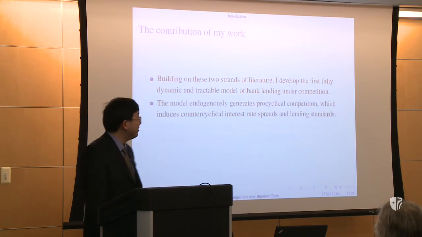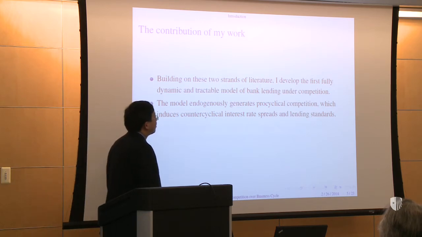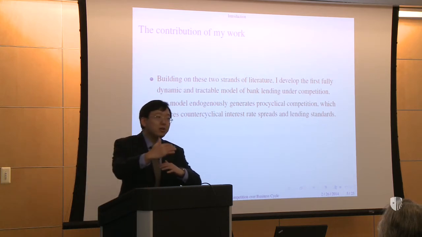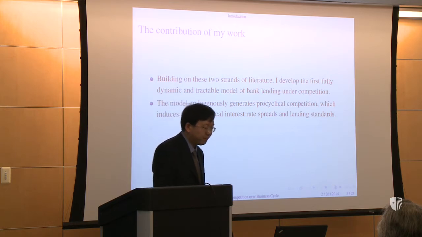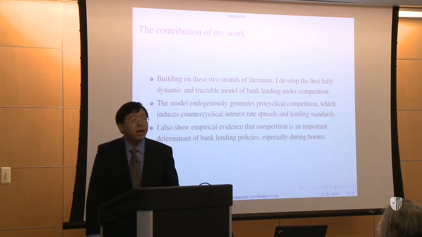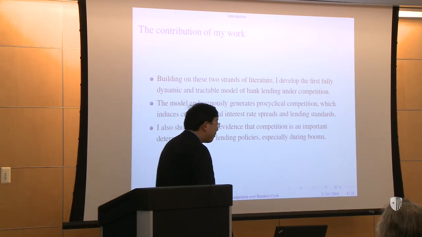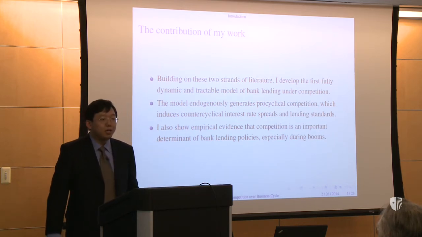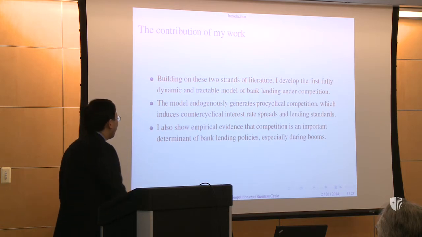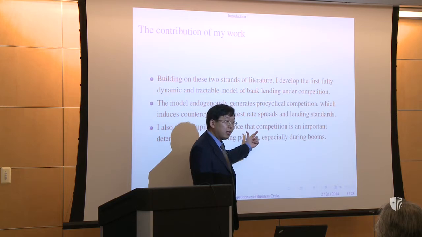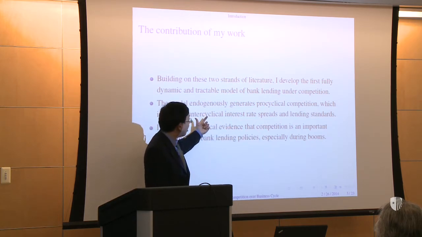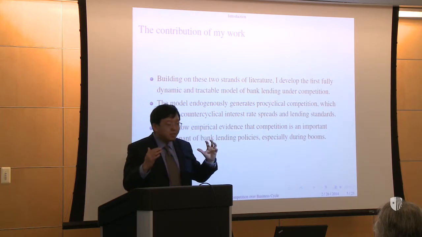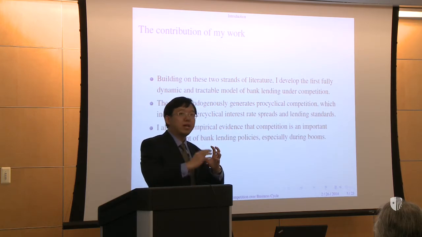The model I'm going to develop endogenously generates procyclical competition, which induces countercyclical pricing behavior and countercyclical lending standards used by those banks. To further verify my theoretical prediction, I got some very nice empirical evidence from a well-known data set. Basically, I confirm that bank competition tends to be procyclical, and this procyclical competition accounts for a lot of the time variation of banks' lending policies.